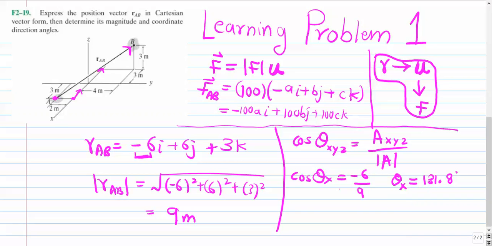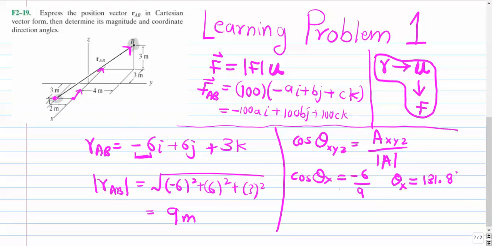So you must be wondering, our length vector RAB does not even go through the origin. So where is this angle theta x on the diagram? Well, in order to spot this angle on the diagram, you need to draw a set of axes on the tail of the vector.